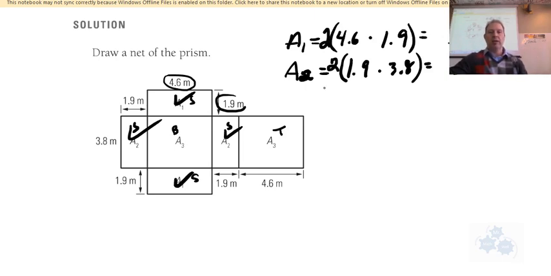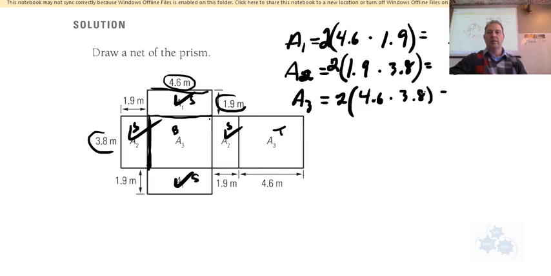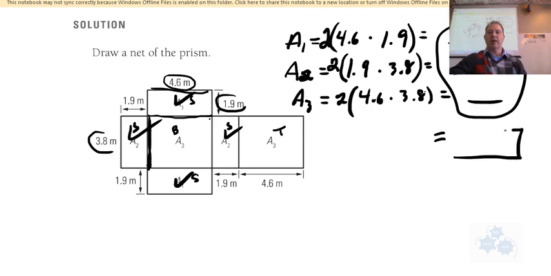And finally, area 3, you see there are actually 2 of those as well. And what are the dimensions? 4.6, same as this, times 3.8, right here. And so you add up all these 3 and you get your final answer.